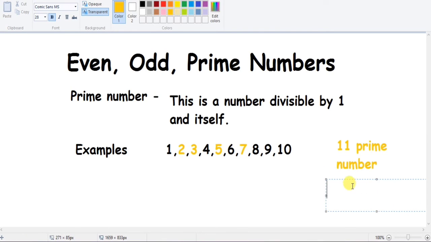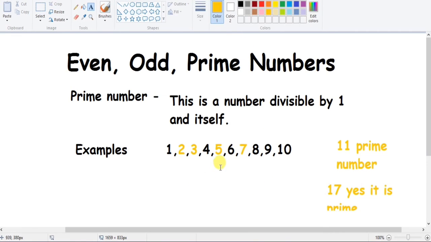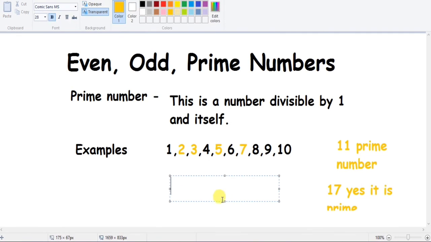Let's go to the next one, let's say 17. Is 17 a prime number? Yes, it is a prime number. Let's go to the next one, a number like 25.